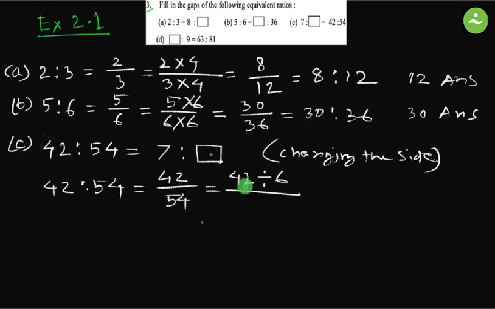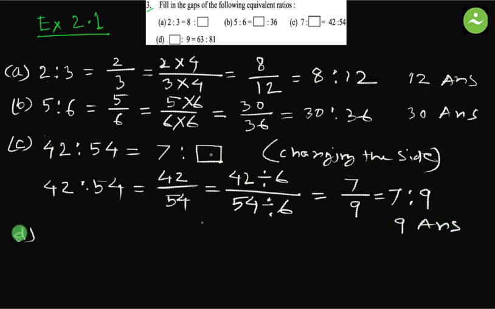So since we divided 42 by 6, we have to divide 54 by 6. Why? So that the value doesn't change. Equals to, this is 7 and this has to be 9. Equals to 7 is to 9. So we got the answer. When the first quantity is 7, the second quantity is 9. So 9 is the answer.